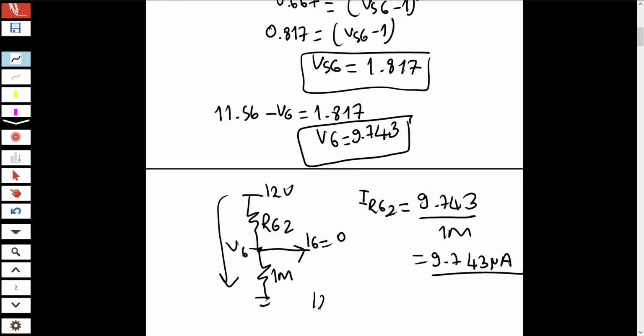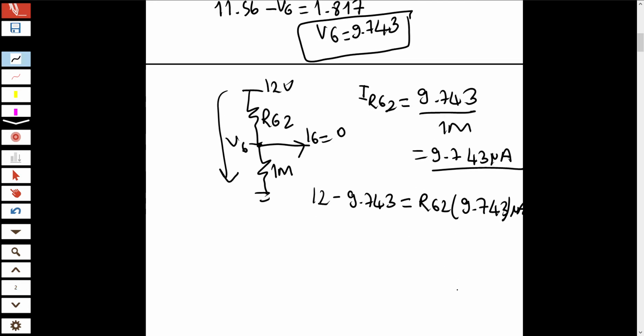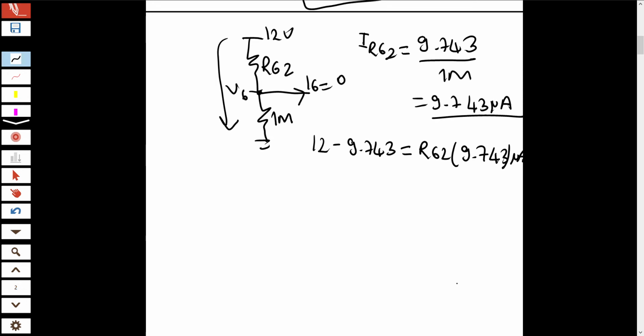And if I know V gate, so 12 minus 9.843 equals R gate 2 times 9.743 microamperes. So 2.257 equals R gate 2 times 9.843 times 10 to the minus 6.